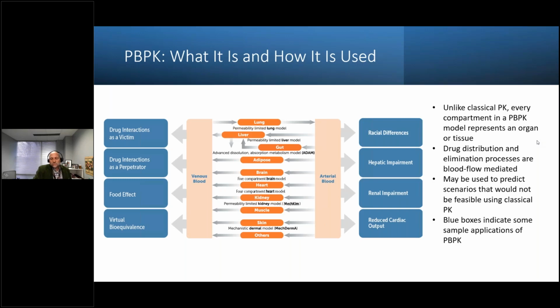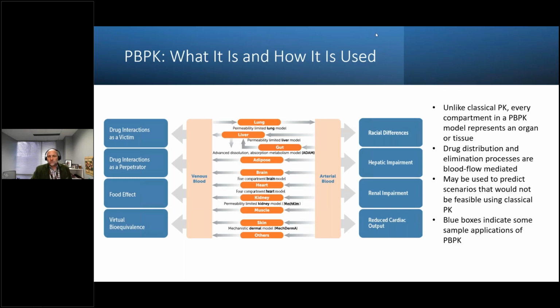One of the things that PBPK can be used for is to predict scenarios that would not be feasible using classical PK. Here you see illustrated a generic PBPK model. The blue boxes are typical applications of the approach. One of the major ones is looking at drug-drug interactions.